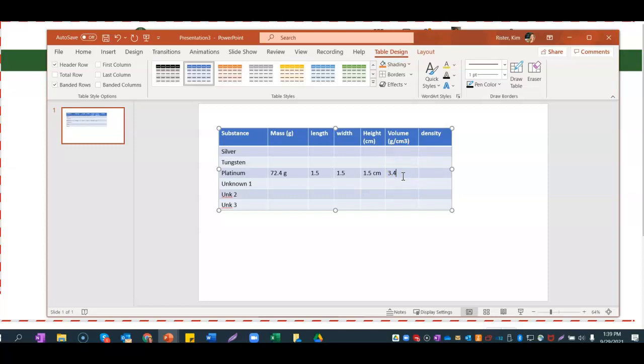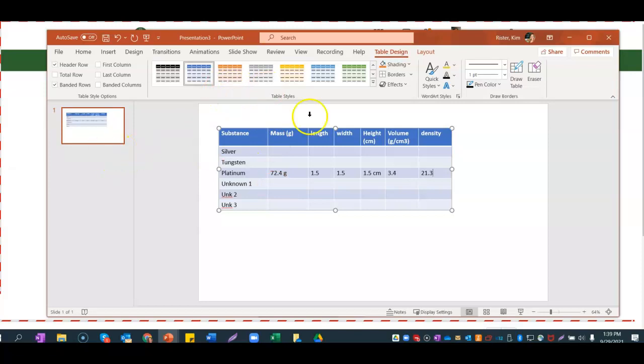So density we know equals mass divided by volume. So you take the mass, which was 72.4, and you divide that by 3.4 to get a density of 21.29. So 21.3. Okay, density. All right, so we're ready to go on.